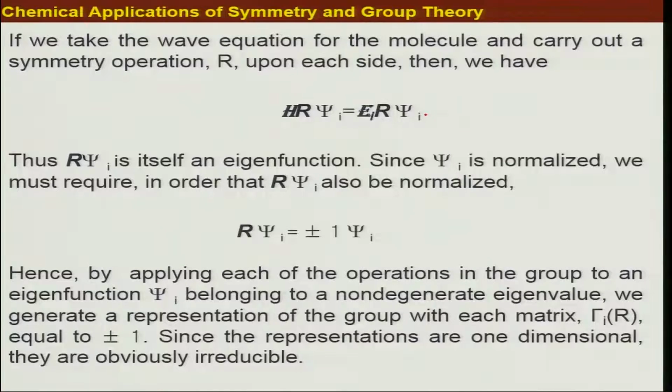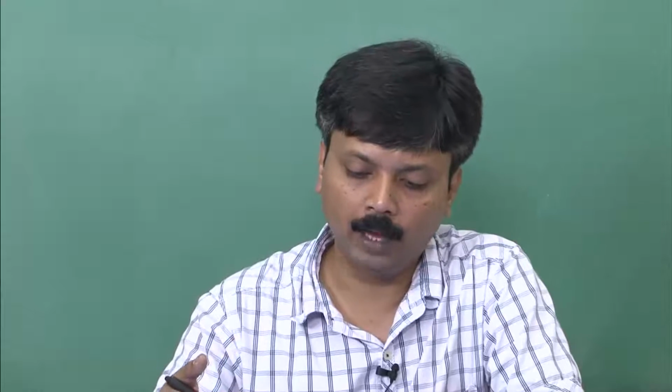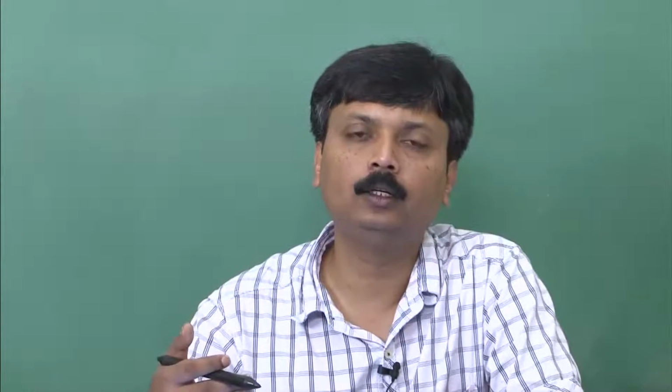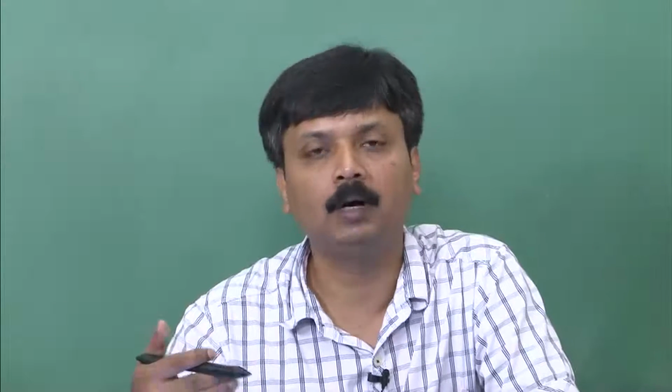Now, each psi i is normalized, and we said that we are normalizing it to the value of 1. So if we couple this to the fact that when you operate any symmetry operation on psi i, R psi i is also an eigenfunction of this Hamiltonian operator for which psi i is an eigenfunction, and that each psi i is normalized, then in order to have R psi i as an eigenfunction, R psi i must be normalized.